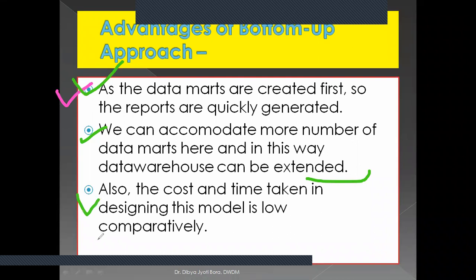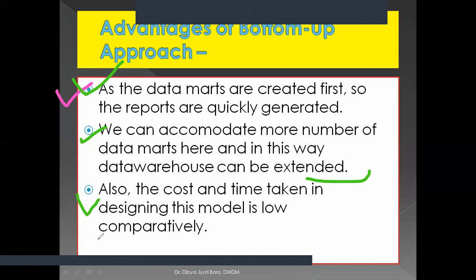Okay, the top-down approach was frequently used, but there were some problems there. The problem is the cost and time taken. But in the bottom-up approach, it is very quick. You know that we have already generated the data mart subsets. Creating a superset from subsets is easier.